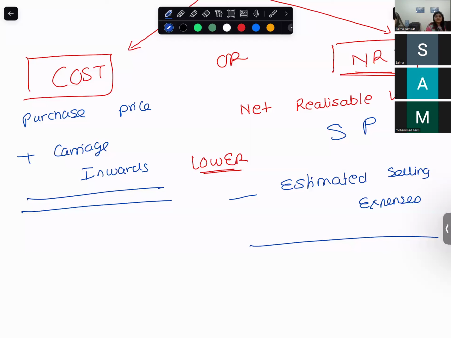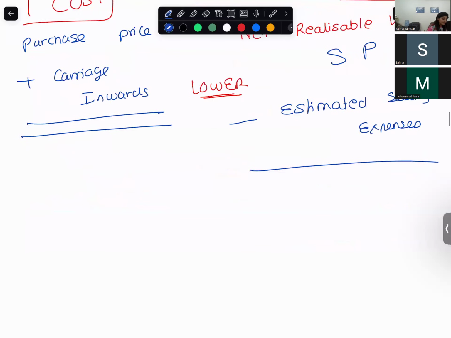So at that time, it is not okay to value your inventory at cost. You have to value it at a price at which you can sell. That is called the net realizable value. But there could be a condition that even when you want to sell it, you have to do some repairing expenses. So the estimated selling expenses have to be deducted to arrive at NRV.